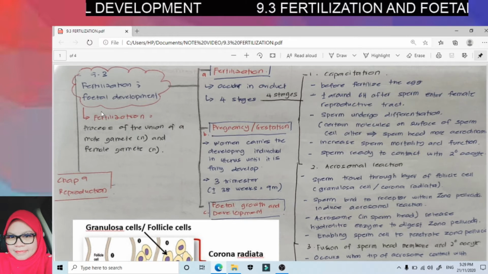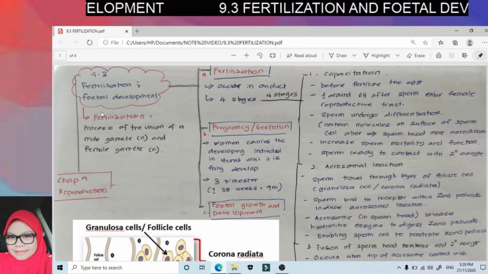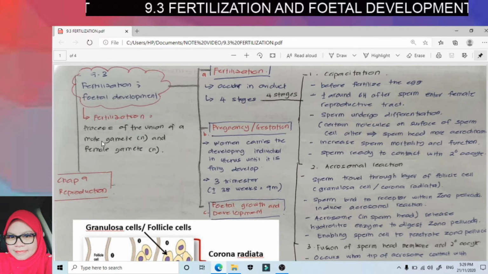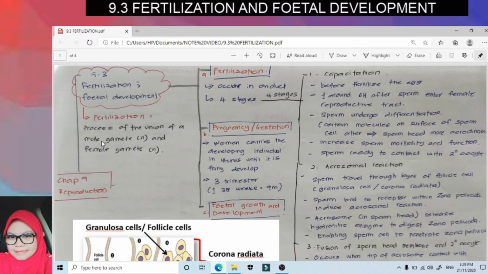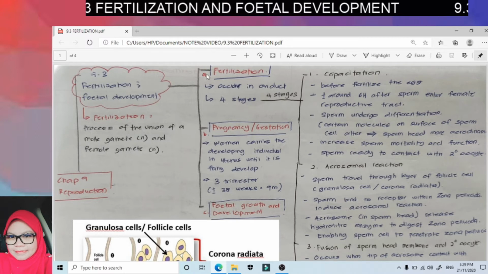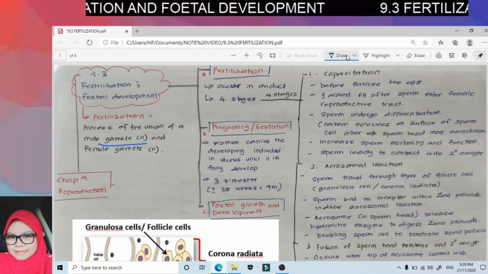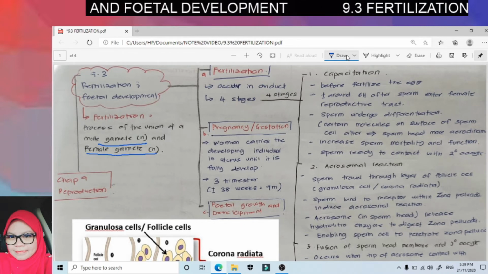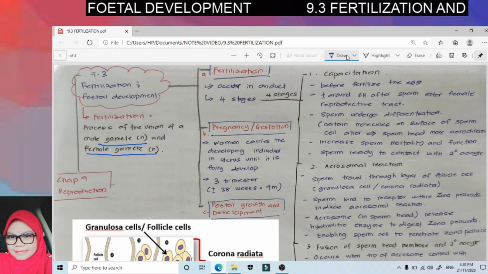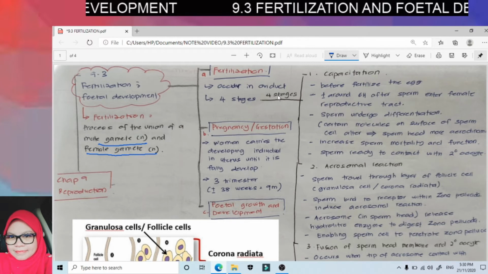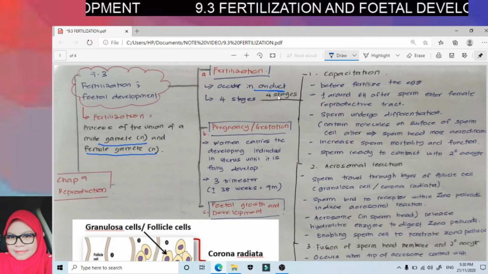So what is fertilization? Fertilization is the process of union of a male gamete and a female gamete. This fertilization occurs in the oviduct.